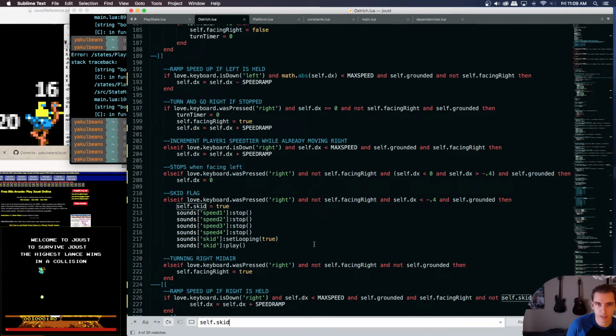So the is down doesn't really help us here, because skid is getting set to true anyway if we held right for a frame after that. We don't need to set skid to true again, we just did it once.